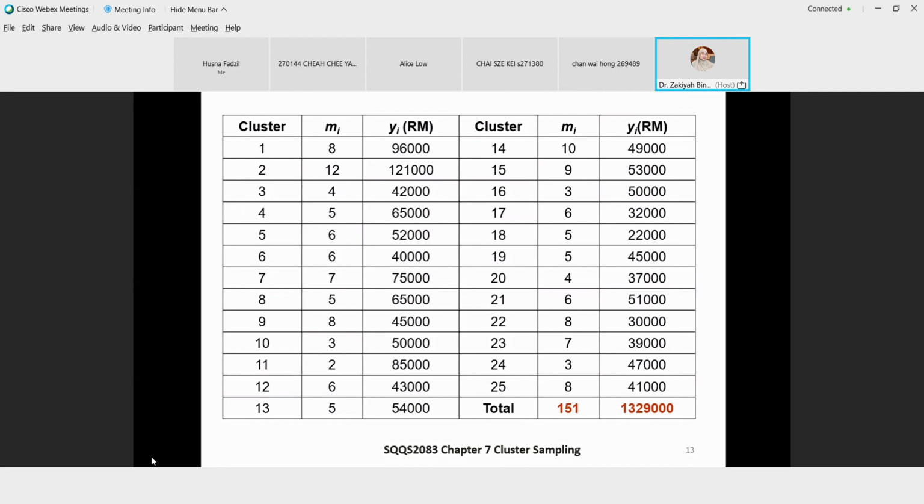Statisticians have the tendency to do that, because it's an incomplete story. Remember those days when you got duit raya, ang pao, you couldn't wait to add up and compare with your brothers and sisters who got more?